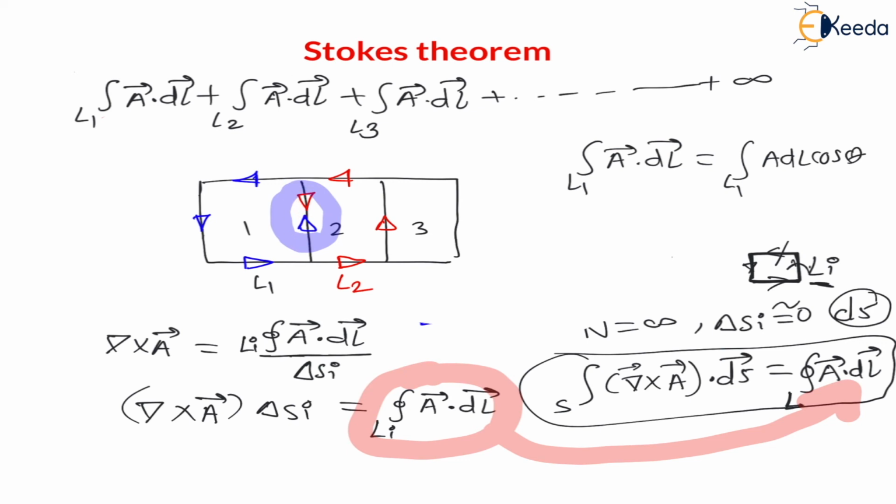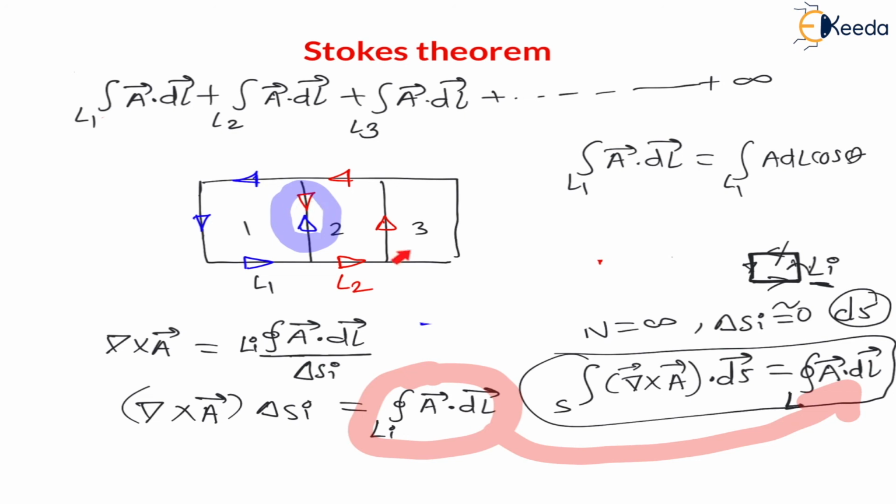Means this upward will cancel this downward, because my dear students, here for one case theta is 0 degree, upward, and for the other case downward it is 180 degree, right? Cos 0 is 1, cos 180 is minus 1. Means this upward is cancelled by this downward, means I can delete this internal boundary.